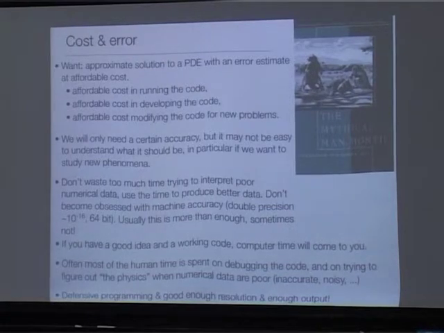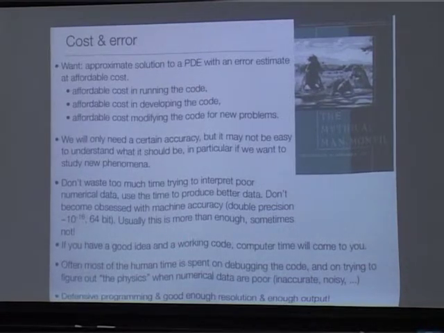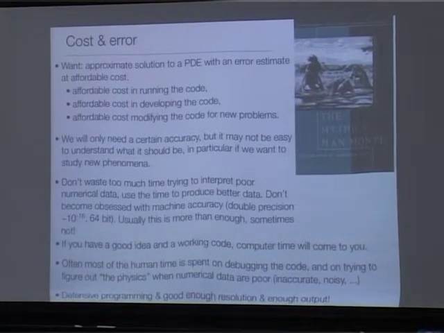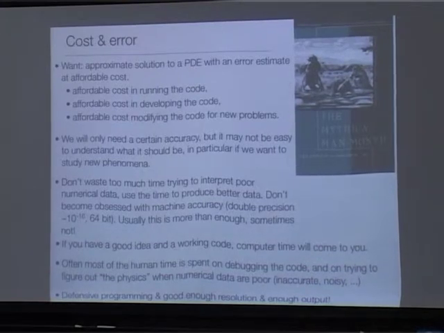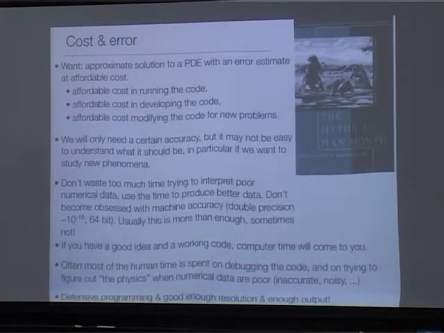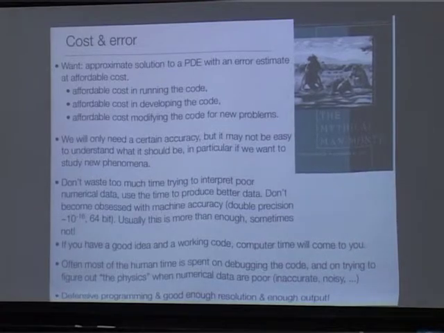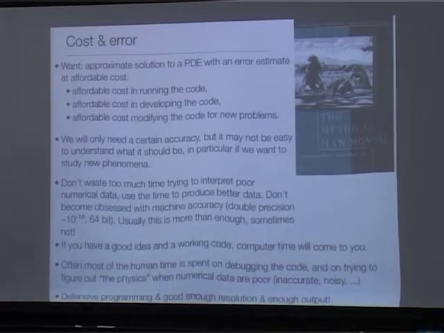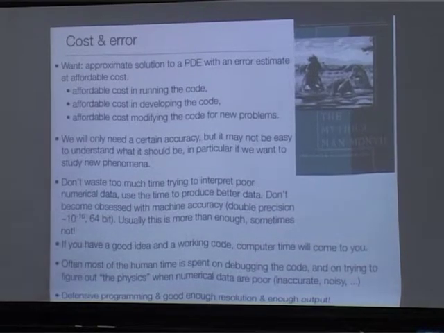And so we only need a certain accuracy. It may not be easy to understand what that accuracy should be exactly. For example, for this problem of gravitational wave simulations that many of us are interested in, it has been a long-standing and not entirely resolved problem. What's the actual accuracy that you need for your observation?